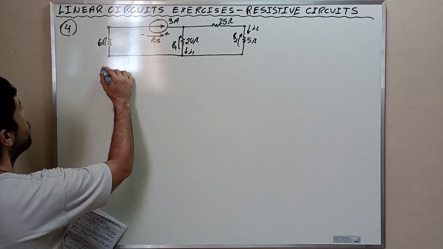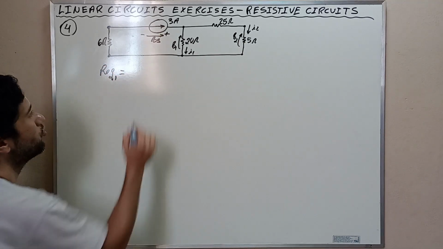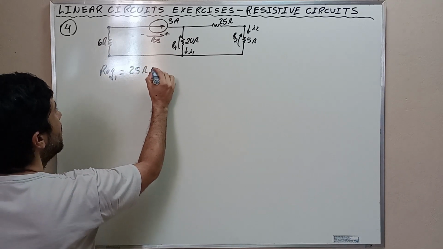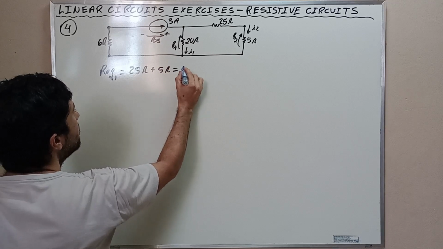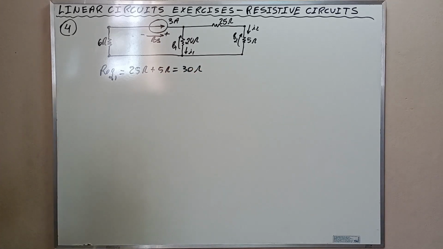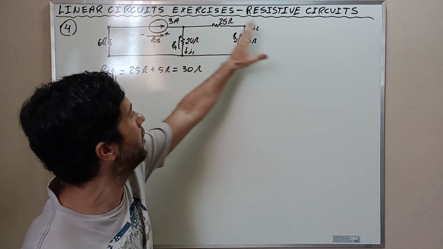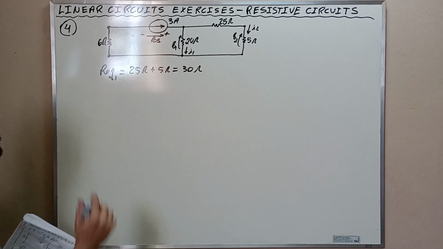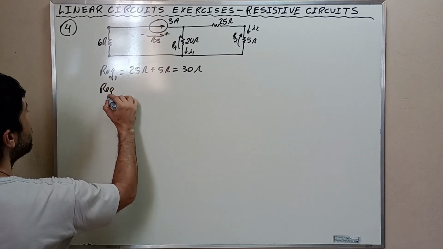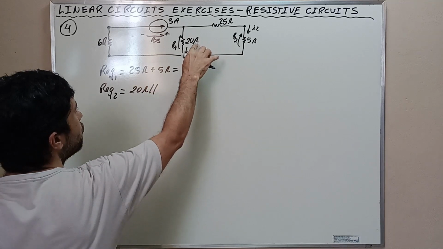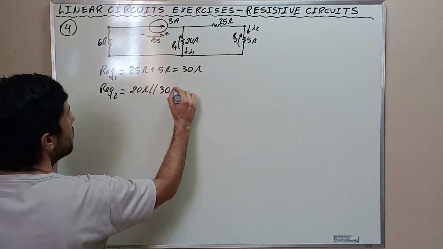So equivalent resistance number 1 is going to be the series connection between 25 ohms and 5 ohms, and this is equal to 30 ohms. And this 30 ohms that replaces this is going to be in parallel with this 20 ohms. So the equivalent resistance number 2 is going to be the parallel connection between 20 ohms and 30 ohms.